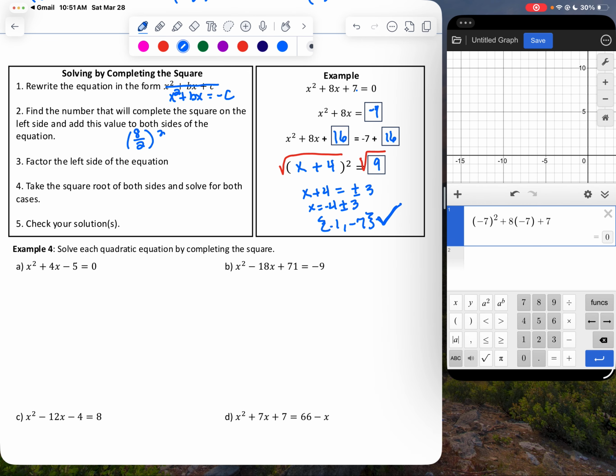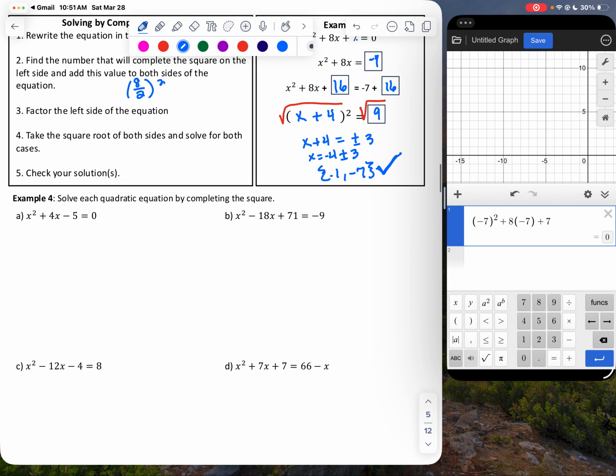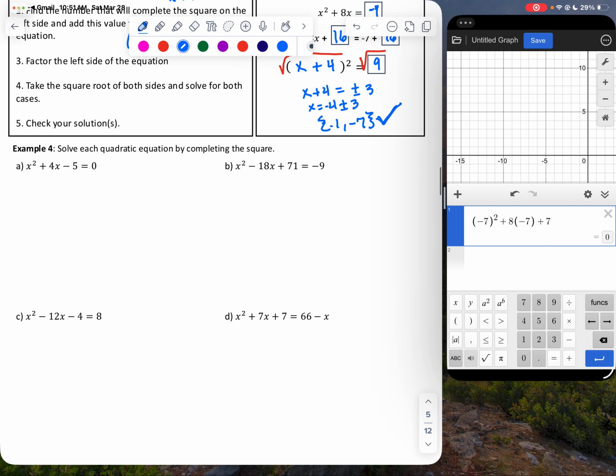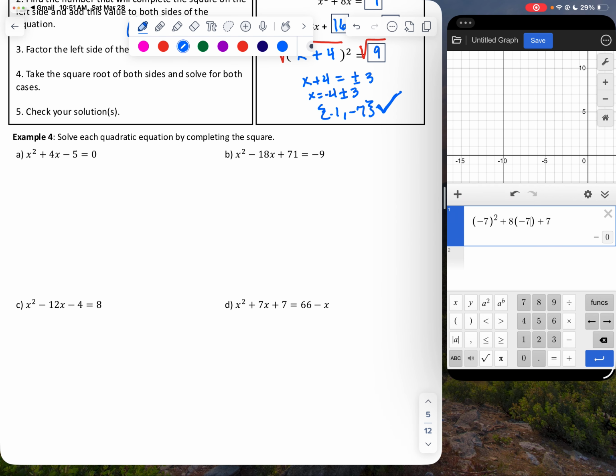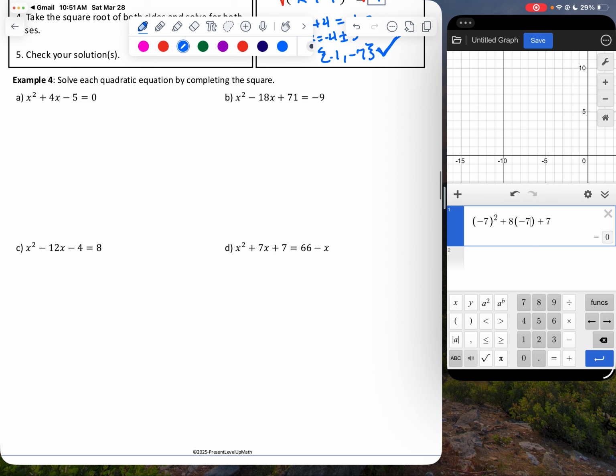All right. Now, in example 4, we will be solving 4 equations. I will not show the check step because I don't want this video to become too long, but you should definitely do the check step on your own. So in example 4, if I want to solve each quadratic equation by completing the square, the first thing I need to do is rewrite this in the form x squared plus bx equals opposite of c.